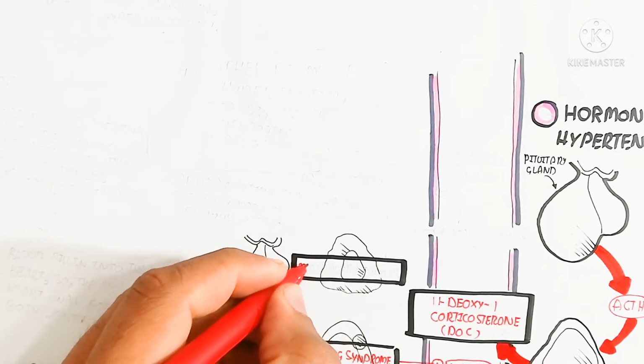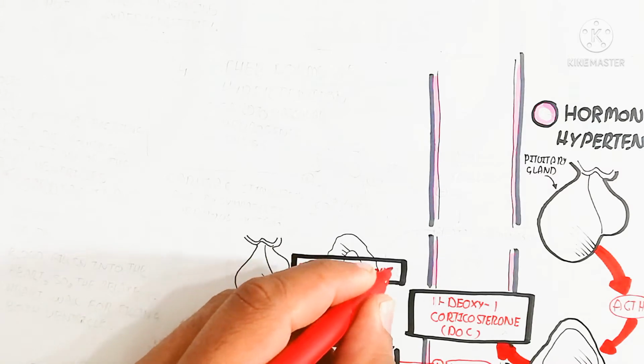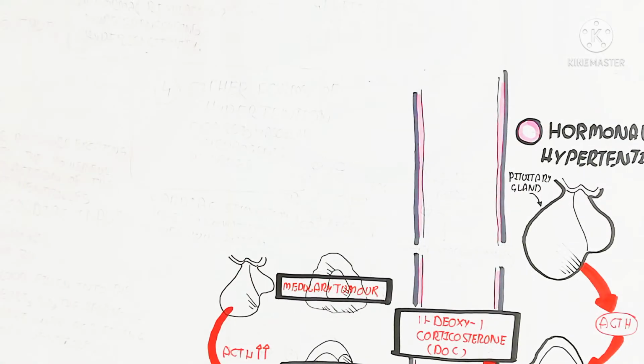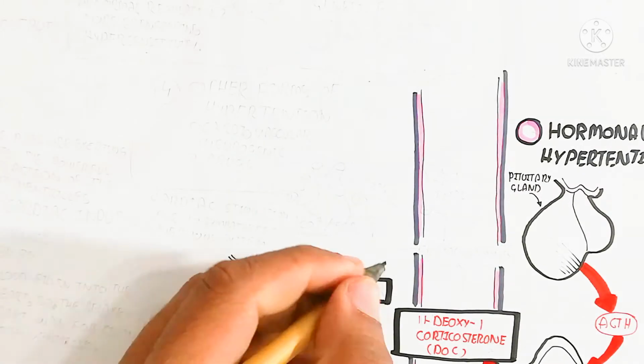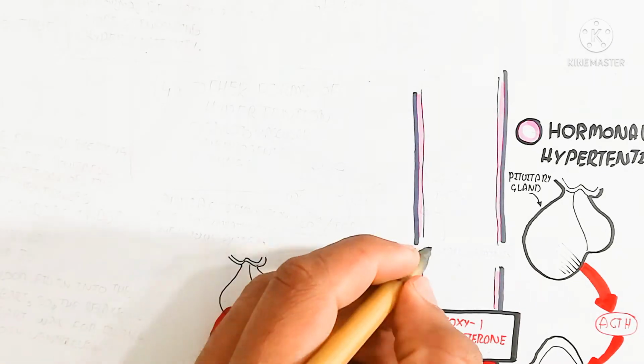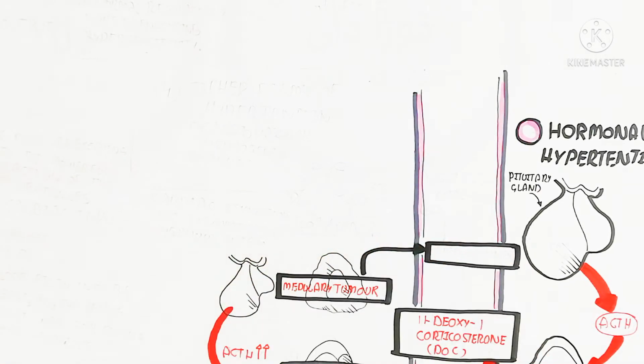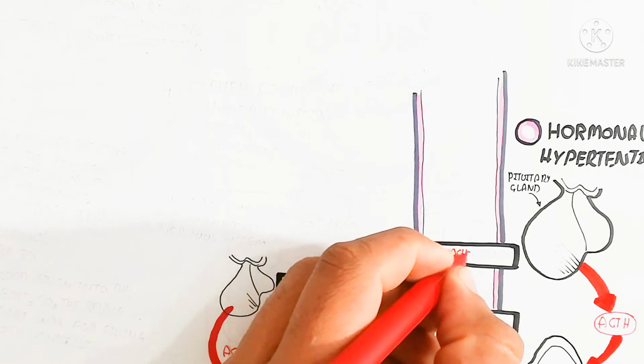Here a medullary tumor will lead to increased catecholamines. So the tumor will produce more content. For example, in Cushing syndrome, the cortical tumor produces cortisol.